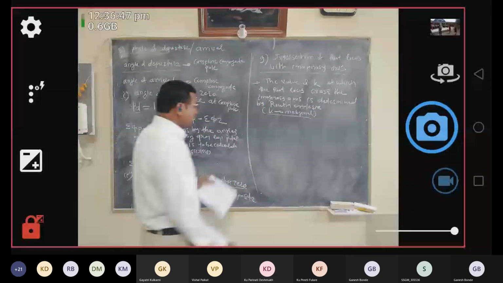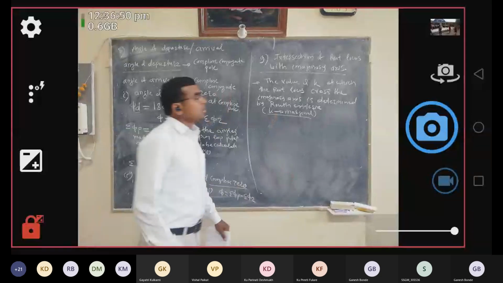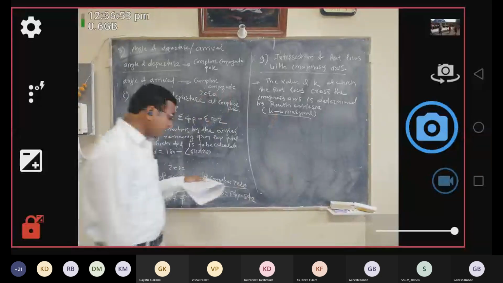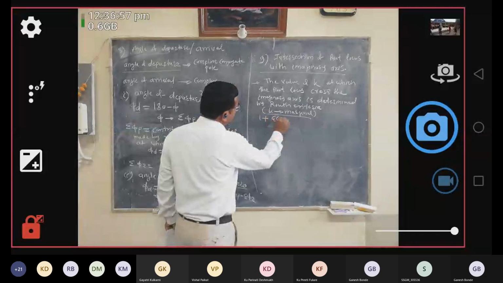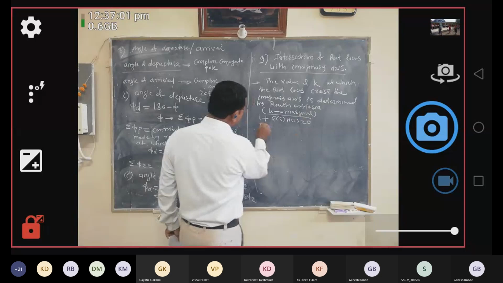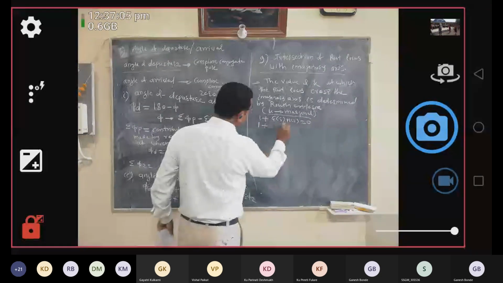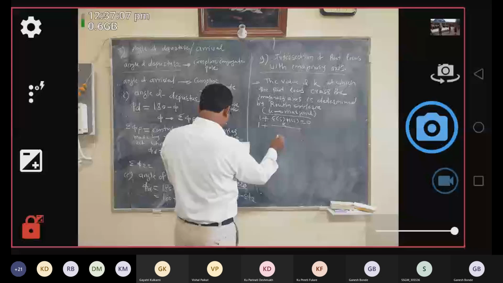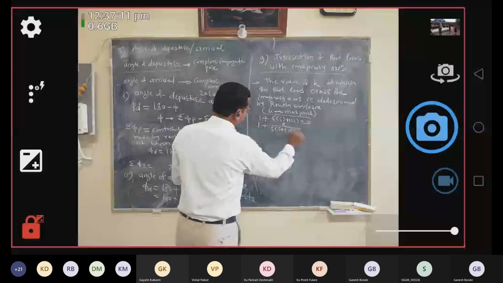Then how to determine it? Here we are going to apply Routh's criteria. Just take a similar example. We have the characteristic equation 1 plus g of s into h of s equal to 0. Let's say g of s h of s is the same as considered previously: k upon s into s plus 1 into s plus 4, equal to 0.